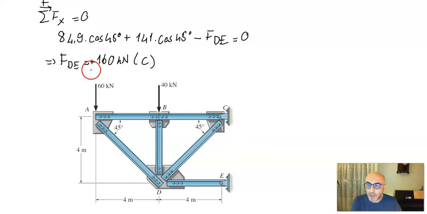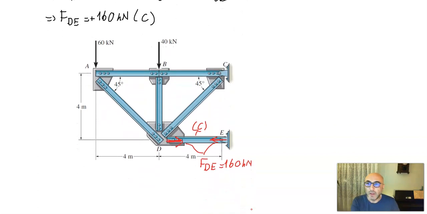Here I see that FDE is a compression member, and the forces would be like that. Sorry, the effect should be tension, compression. So this force is under compression, like that and like that, from both sides, and this FDE is 160 kilonewtons.